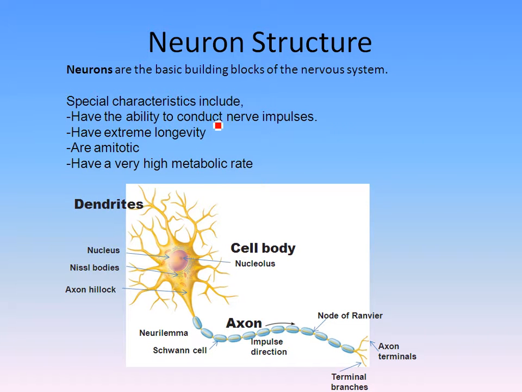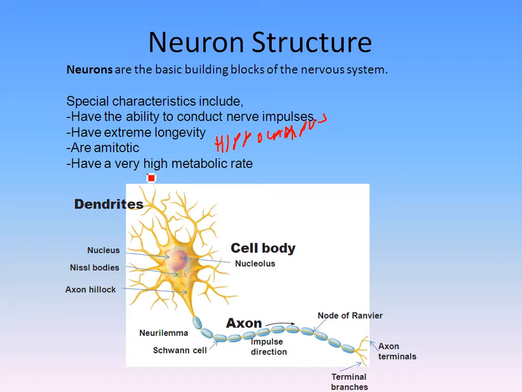They have extremely long longevity and can survive for over 100 years, so basically, they are built to last for a lifetime. They are amitotic. That is, they lose the ability to divide, so if they are damaged, they cannot be replaced. The exception is the hippocampus, which is involved in memory and can regenerate new cells.